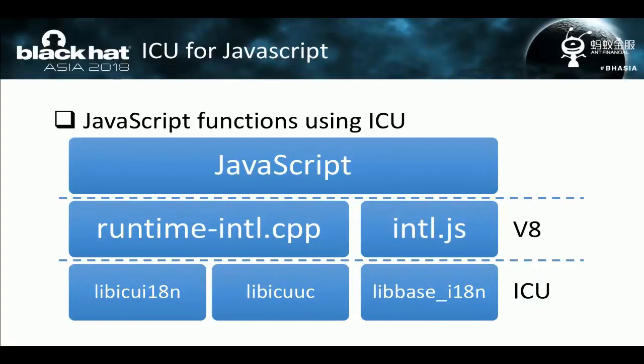The filter includes JavaScript code in the intl.js file, and C++ code in the runtime intl.cpp. The ICU library is always split into three parts, which are libicui18n, libicuuc, and libbase i18n.